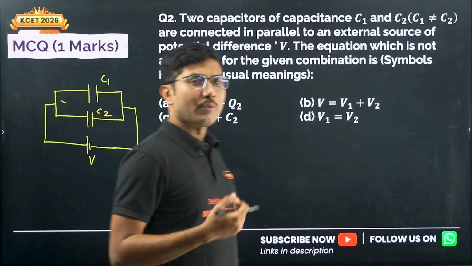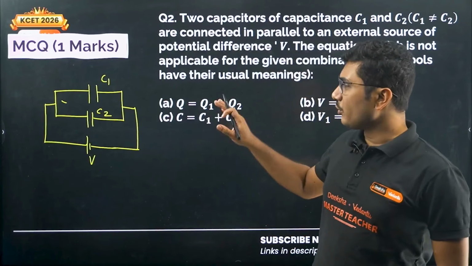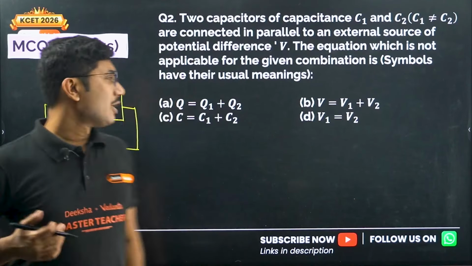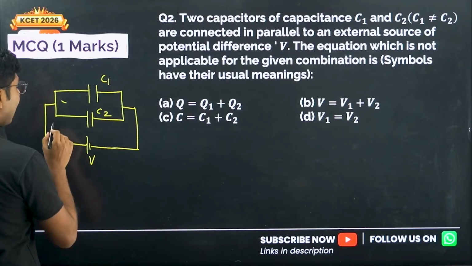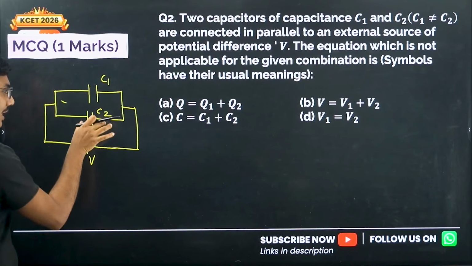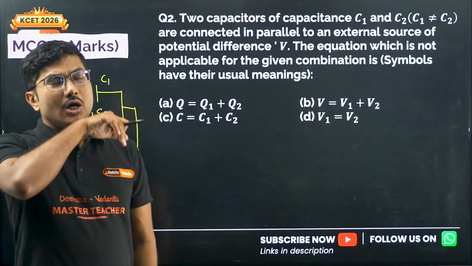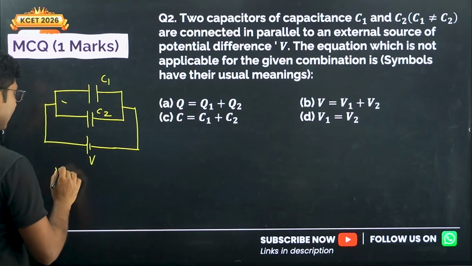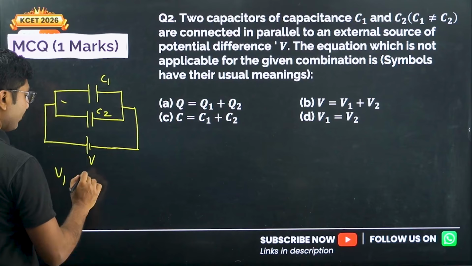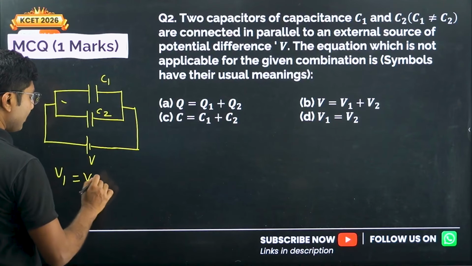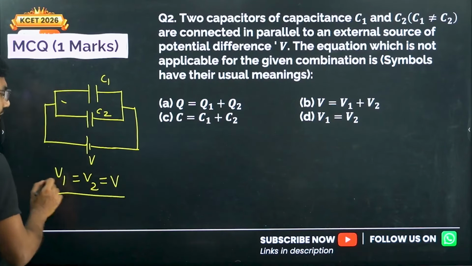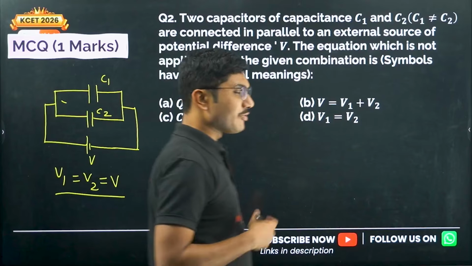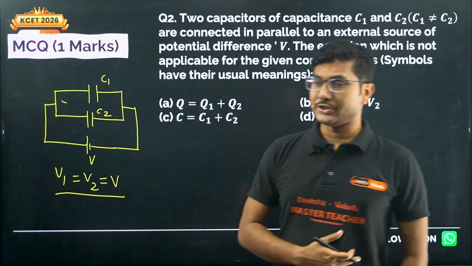Now, what conditions do we know will be applicable in this case? First of all, they are connected in parallel. Parallel means the voltage across C1 and C2 should be equal. Say the voltage across C1 is V1, the voltage across C2 is V2, then V1 should be equal to V2 equal to V. This is the basic condition for parallel combination.